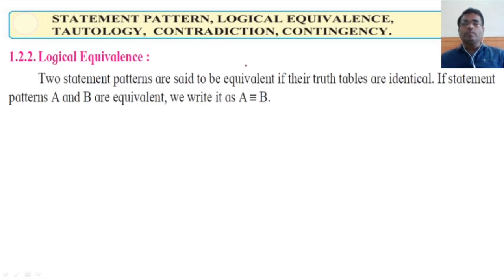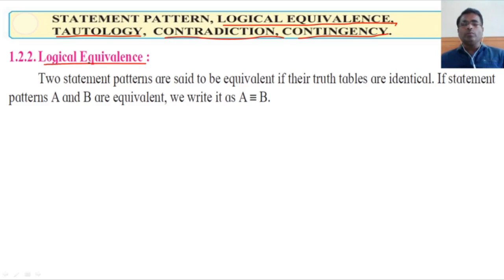Now we are going to consider some important properties of these statement patterns, and those properties are: logical equivalence, then tautology, contradiction, and contingency. So first we are going to start with logical equivalence.